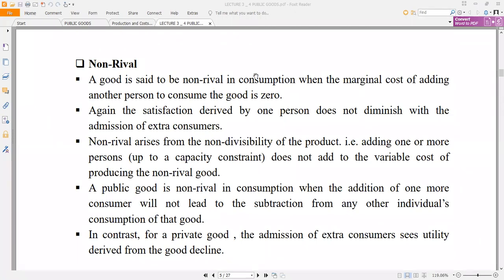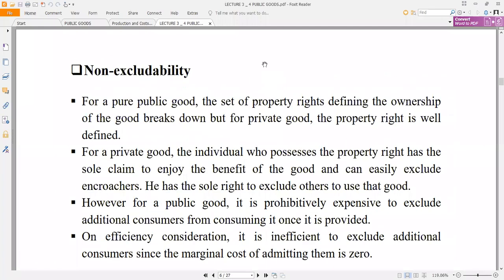And then if you take the second one, you are unable to prevent people from consuming the good. It's not because of the property right. If you take private goods, the person who buys the good, the person who owns it, has the right over that particular good. And as a result, he or she owns that good.